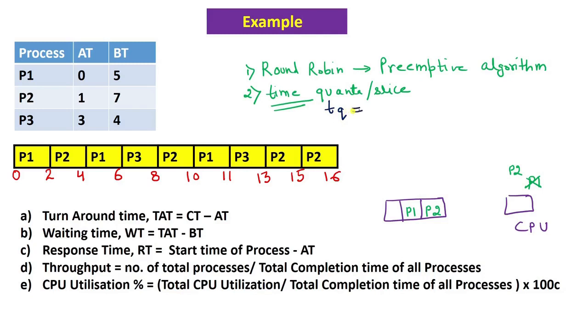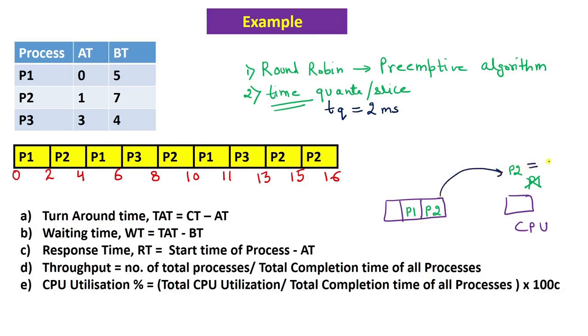So let's say the round robin algorithm is applied on the scheduler and the time quanta is set to 2 milliseconds. That means each process will execute on the CPU for 2 milliseconds, and after that, it has to leave the CPU. For example, we have P1 and P2, and let's say P2 starts.